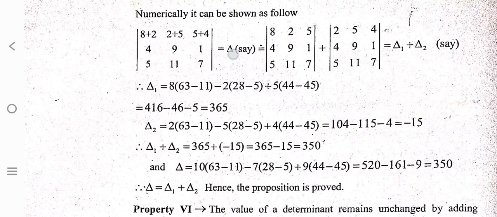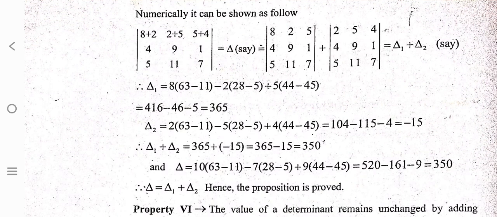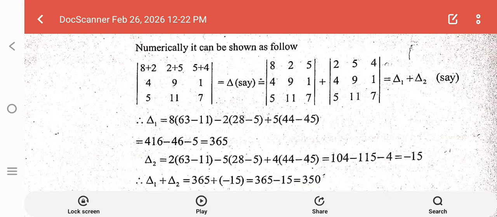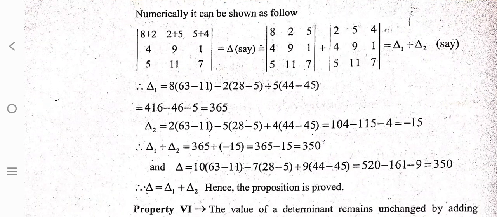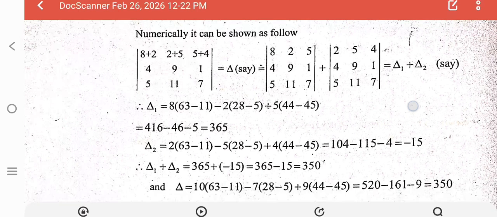If we denote this determinant as delta, we can express it as the sum of two different determinants, right?